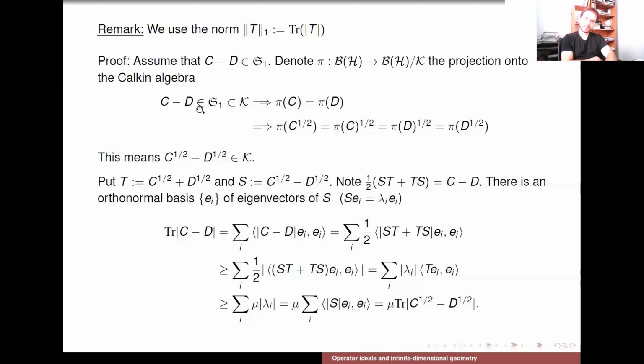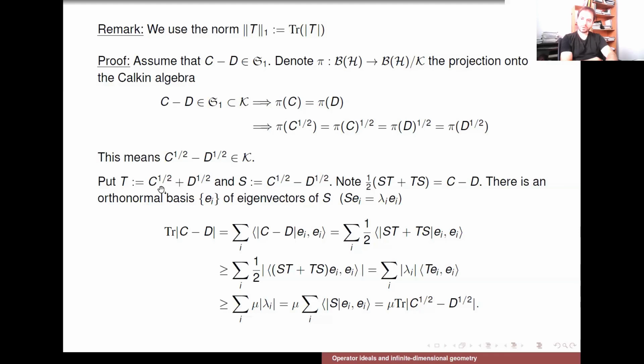Since this difference is compact, then we have this equality in the Calkin algebra, and using that the Calkin algebra is a C-star algebra, we have the uniqueness of square roots. So we get this equality, so that this difference is again compact.